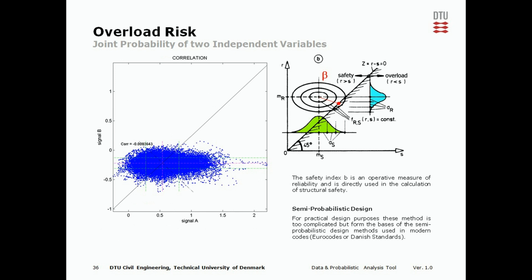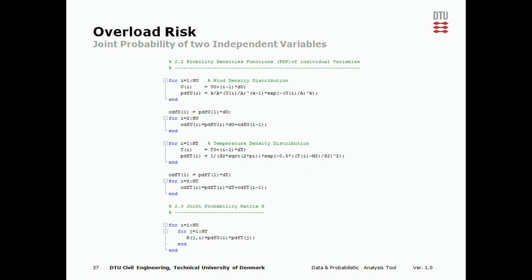So if we go back and use the graph from the correlation script, then this joint probability is in principle the histogram above the dot cloud we have in our correlation graph. And this is how it's done in the script. So we assume we have made some pre-analysis and we do know the density function, for example, of the wind loading, and we know the density function, in this case for air temperature.